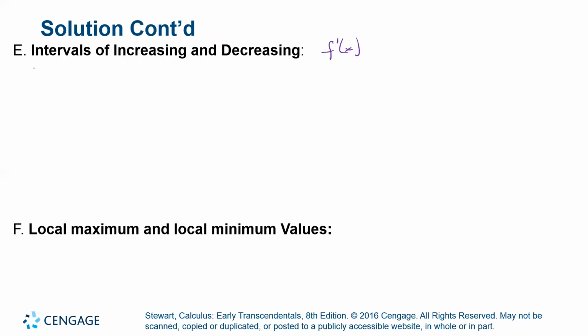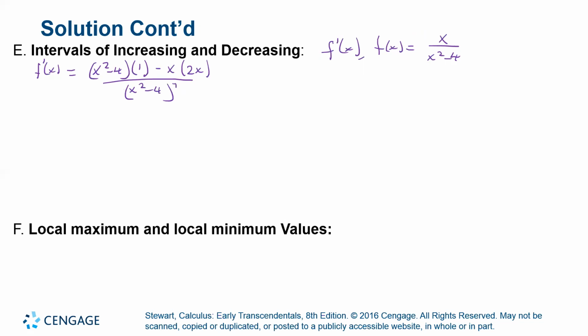So therefore, let's differentiate this. We have f of x equal to x over x squared minus 4. Now, if I differentiate this, using the quotient rule, we say x squared minus 4, if you differentiate x, you get 1, minus, keep the x, if you differentiate x squared minus 4, you get 2x, all divided by x squared minus 4 all squared.